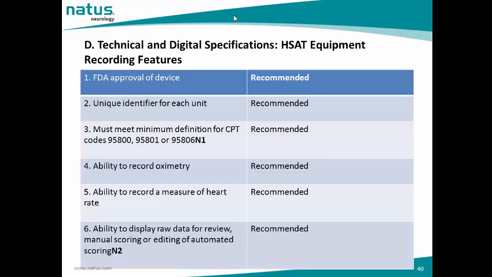In terms of technical and digital specifications, a home sleep apnea testing equipment should have the following features.